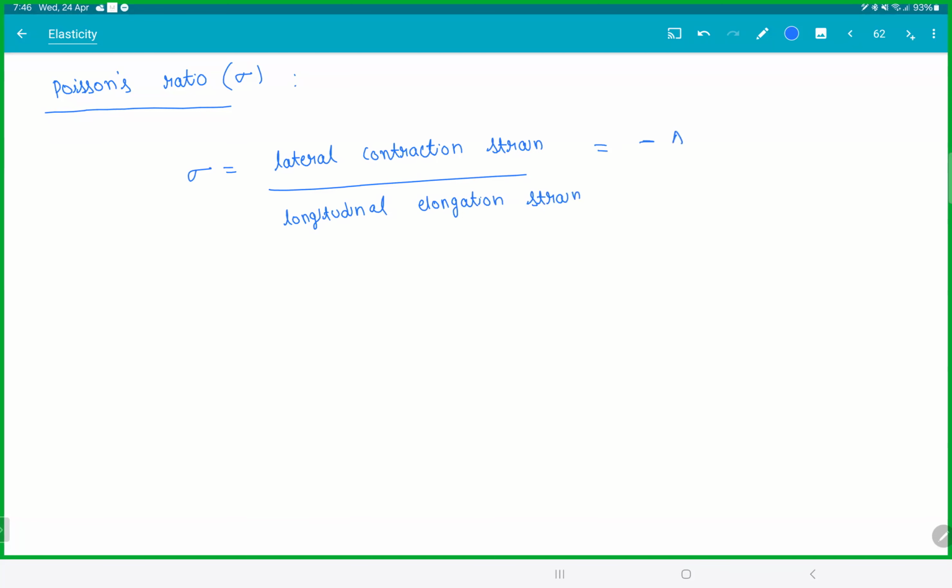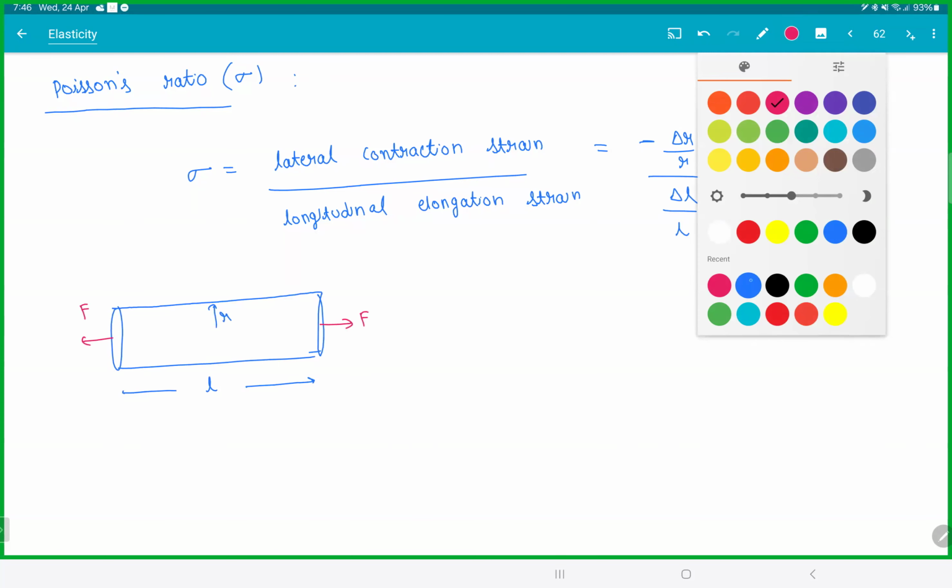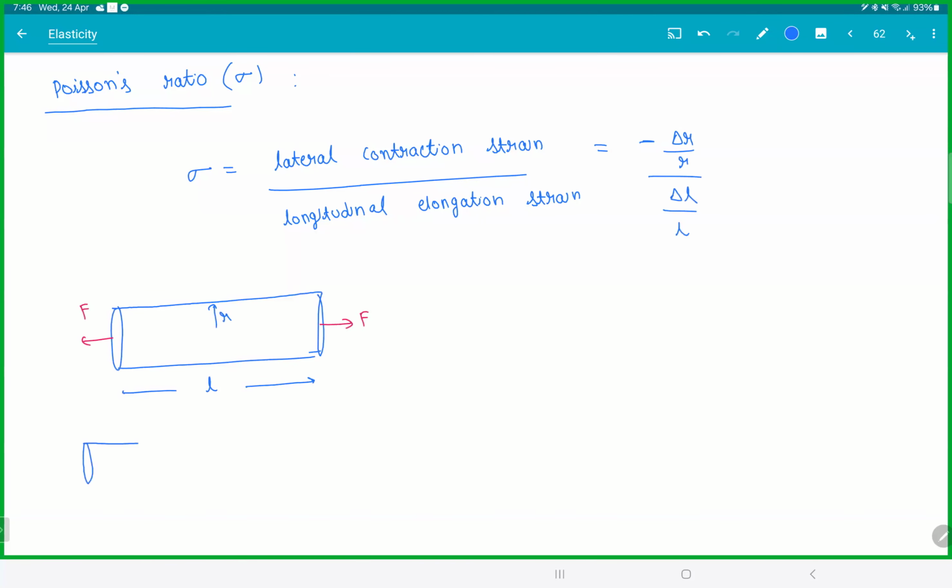Which is minus delta R by R, over delta L by L. Meaning, if you take a rod like this, whose length is L and whose radius is R, and now you apply force from both sides, we know the rod is going to expand a bit. But in this process, the radius also shrinks. This thing we have neglected till now.